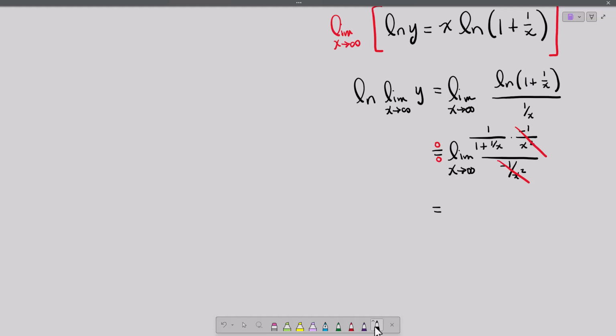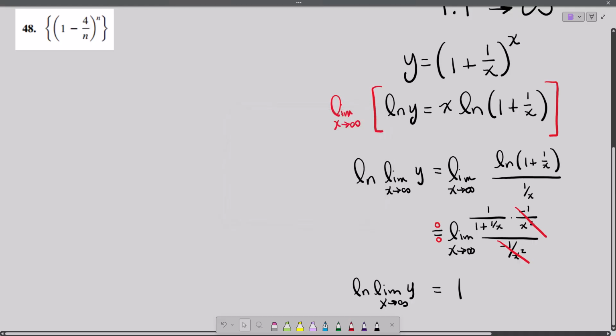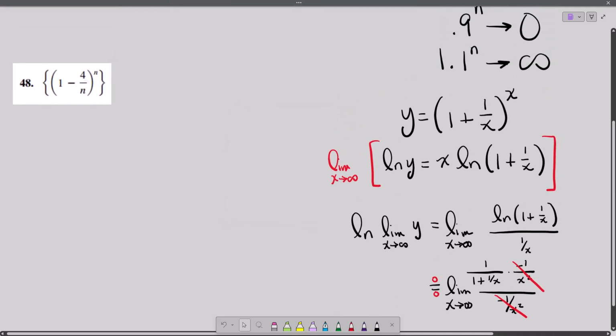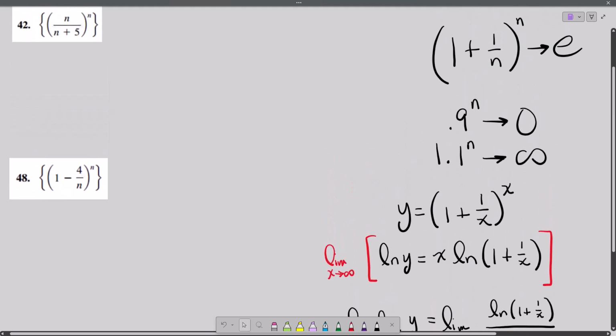1. Good. So on the left-hand side, we have natural log of the limit of y as x goes to infinity. And remember, y is what we started with. We're calling that thing y.